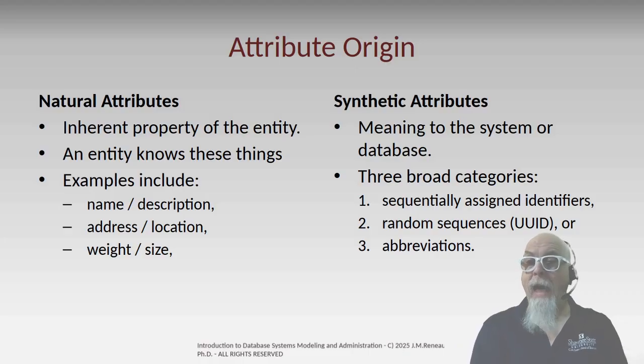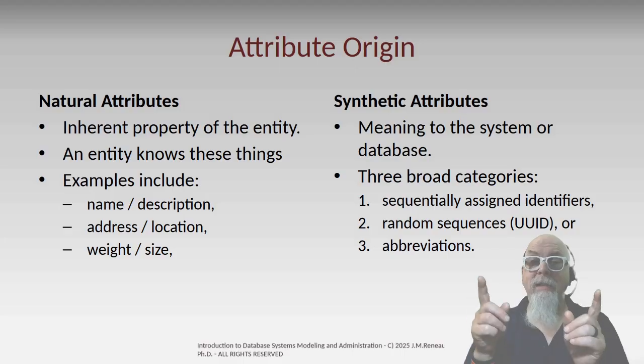It doesn't really matter. The order number could be anything it wanted to be, but we just assign the next available number. There's also a random sequence that could be assigned. We call it a UUID, or a universally unique identifier.